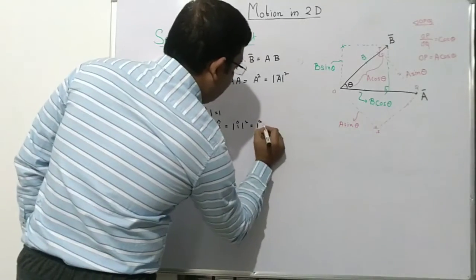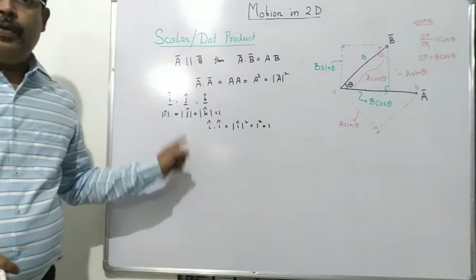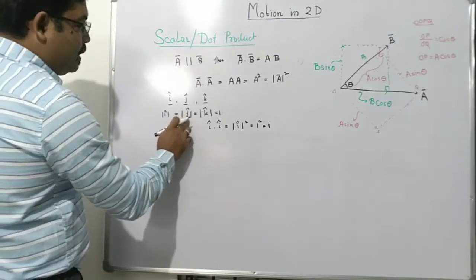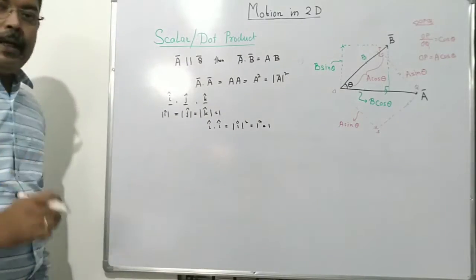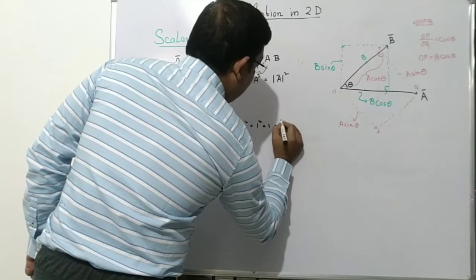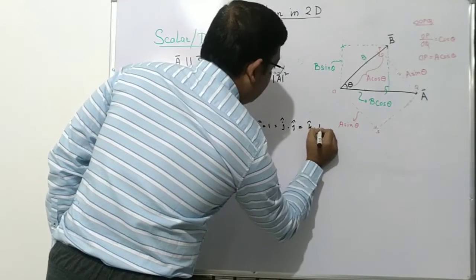So this is 1 squared, that is 1. So the dot product of a unit vector with itself is 1. It will also be the same for J and K. So I cap dot I cap is equal to J cap dot J cap is equal to K cap dot K cap.